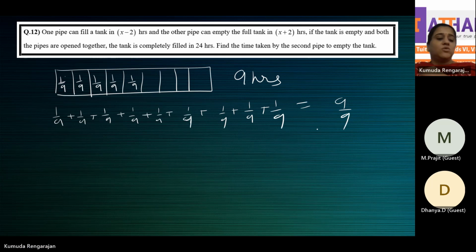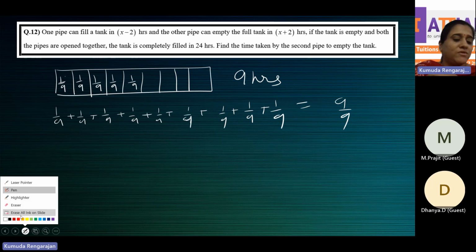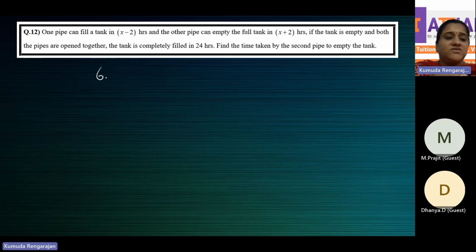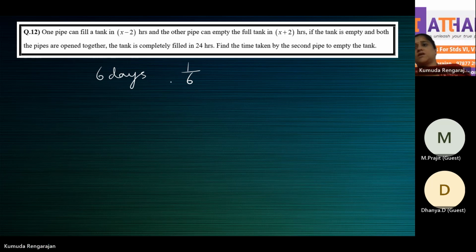So what you should remember from this is that the reciprocal of the total time taken is the fraction of work completed in unit time. If you take 6 days to complete a task, you're going to complete 1/6 of the work in 1 day.